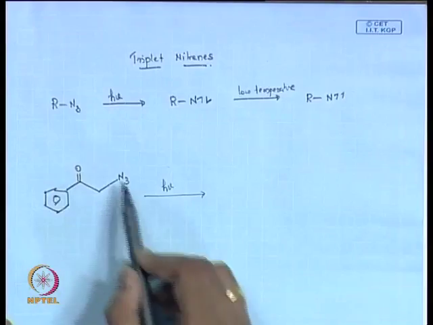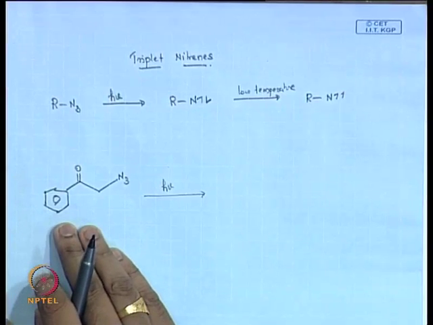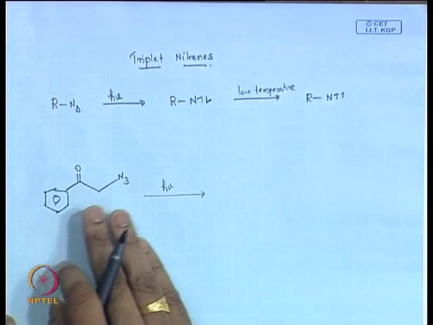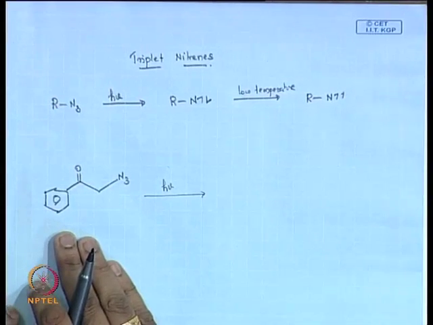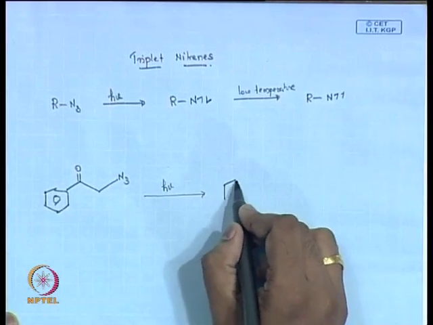So what will happen if I shine light on this compound in my test tube? My azide will not absorb any light, fine. So whatever light is absorbed will be absorbed by my ketone. What do you know about ketones?